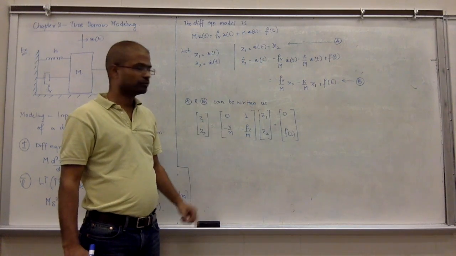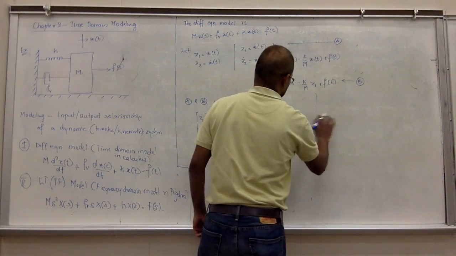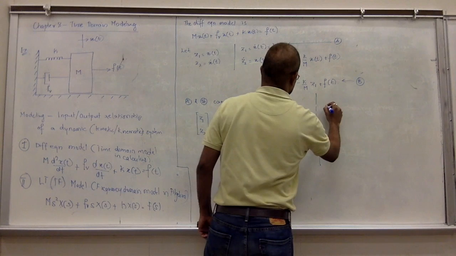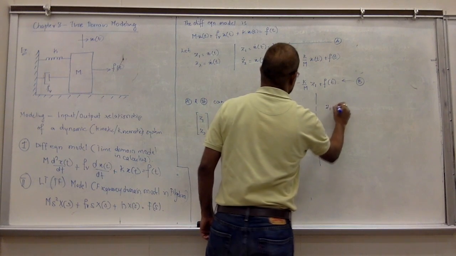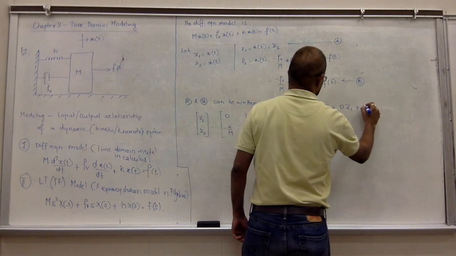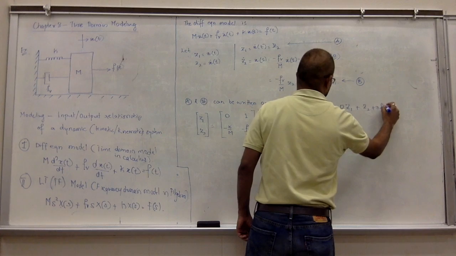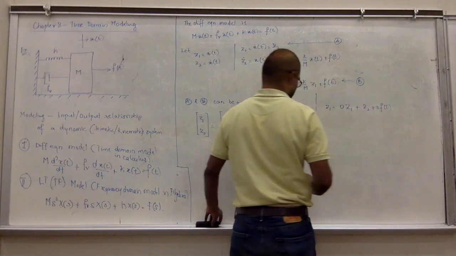So the first row is Z1 dot is 0 Z1 plus 1 Z2 plus 0 f of t.